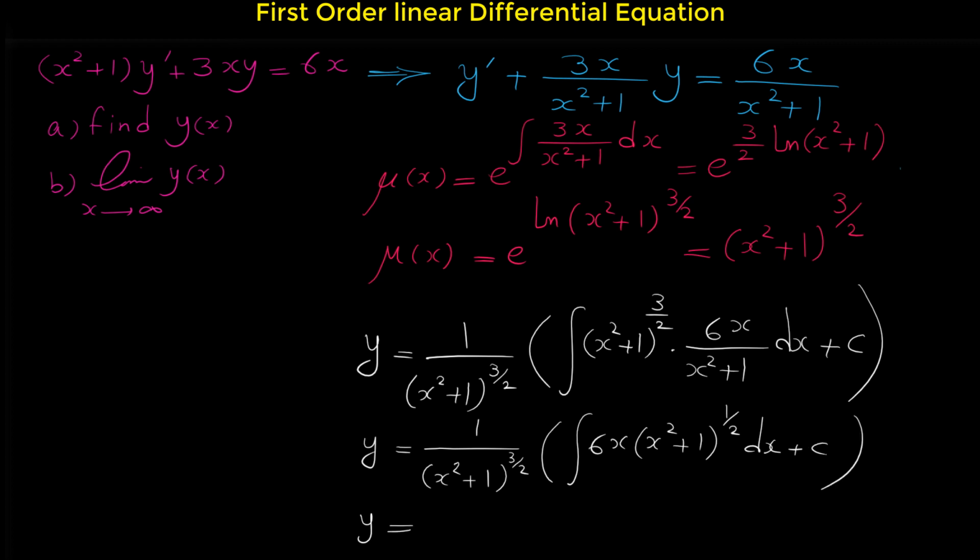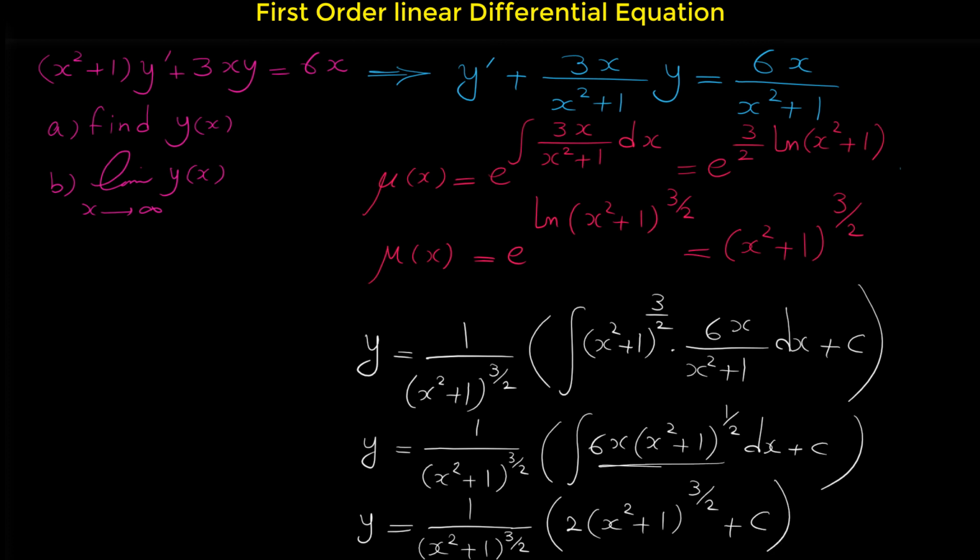Now we have to find this integral. Integral of 6x times by x squared plus 1 to the power of 1/2 is 2 times x squared plus 1 to the power of 3 over 2 plus c.